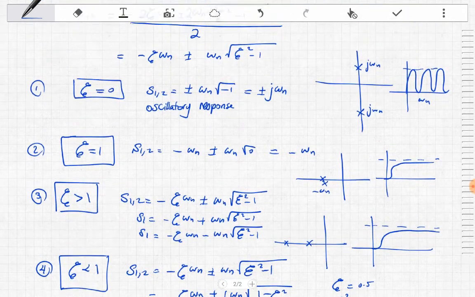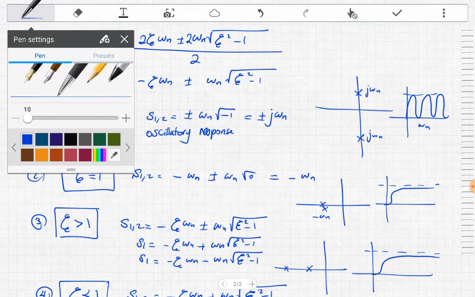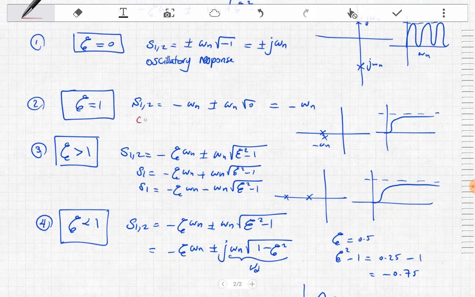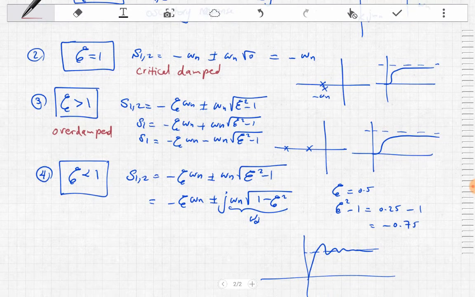So let's write: this one is oscillatory, this one critically damped, and this one overdamped. It means there is no oscillation; it's over, it's finished. This one is underdamped: the oscillation is still damped.